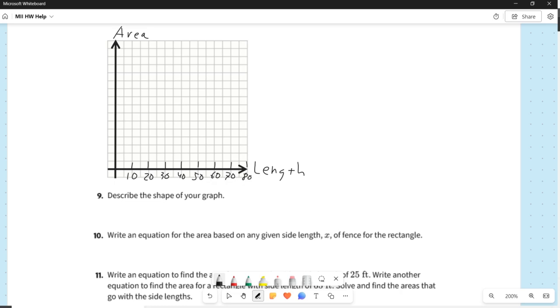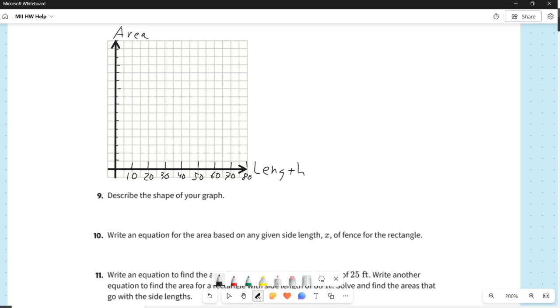All right. For the area, looking at our table, the largest area was 1,600, so we want to fit 1,600 on this scale. If we treat each box as 100, let's see if that'll fit. 100, 200, 300, 400, 500, 600, 700, 800, 900, 1,000, 1,100, 1,200, 1,300, 1,400, 1,500.